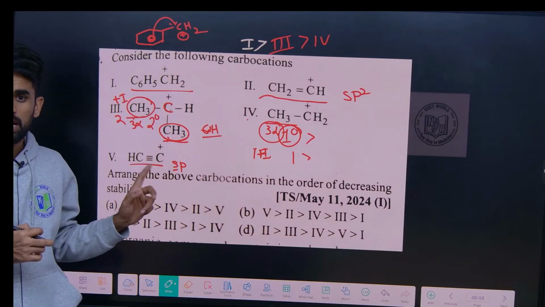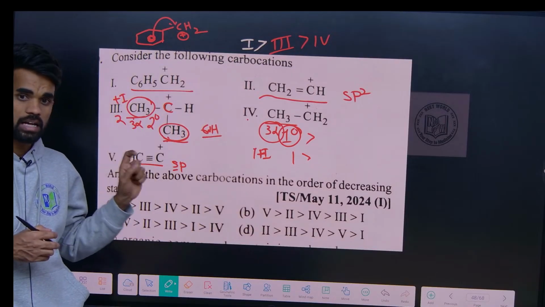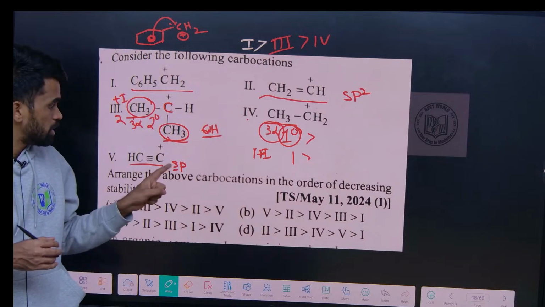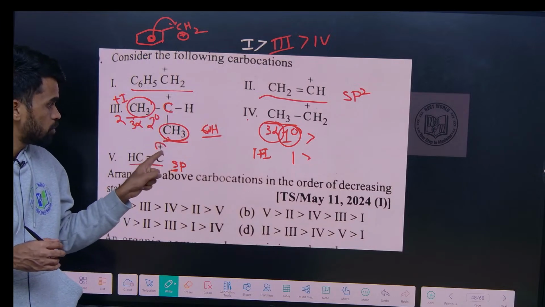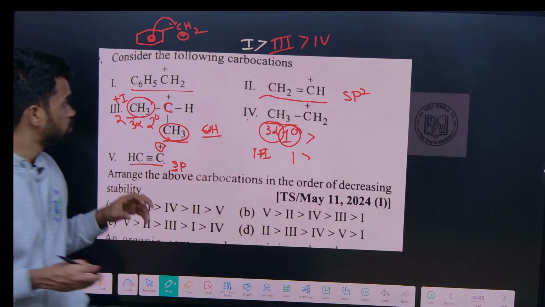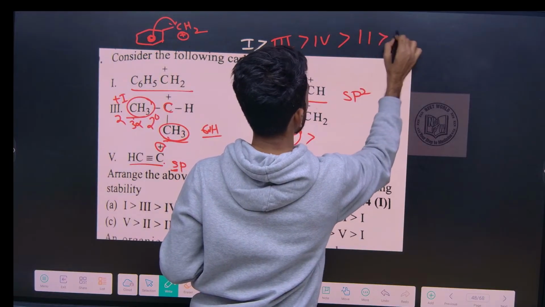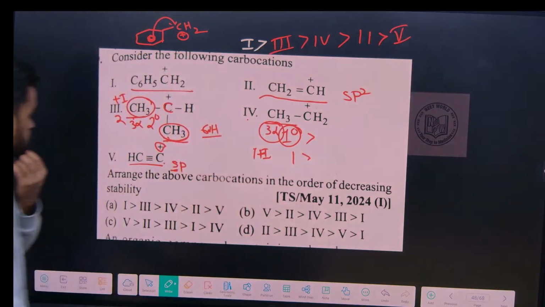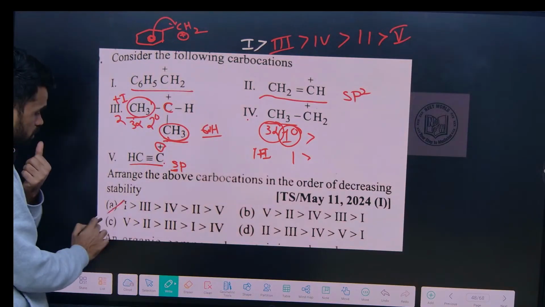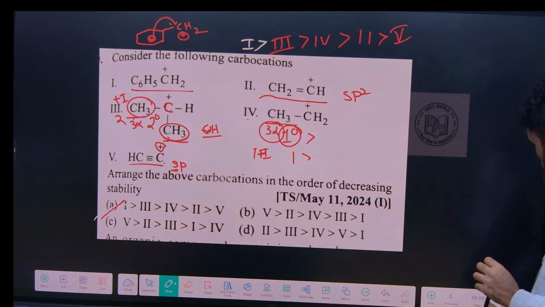An electronegative atom should contain negative charge, not positive charge, but this is more electronegative having positive charge. It means which is least stable out of these two? 5. So I can say 2, 5. So where do we have this kind of option? 1, 3, 4, 2, 5, first option. Okay, that will be your answer for the question. Easy? Next.